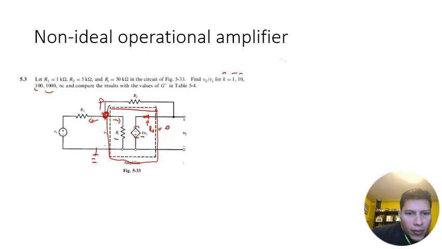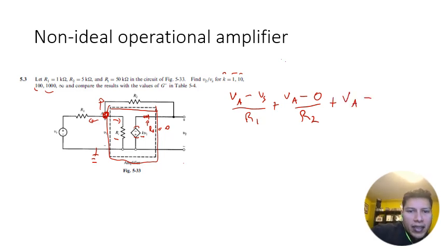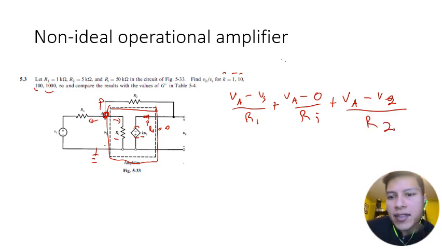And so what we will actually have is VA minus Vs over R1 plus VA minus 0 divided by RI plus VA minus V out, or V2, divided by R2. So that's actually our new KCL.